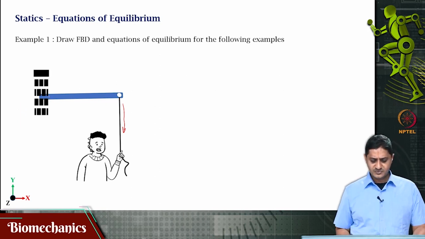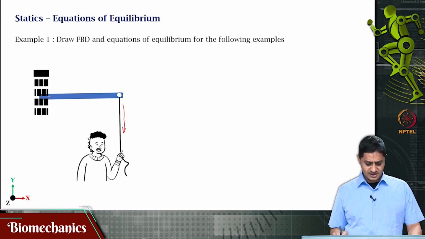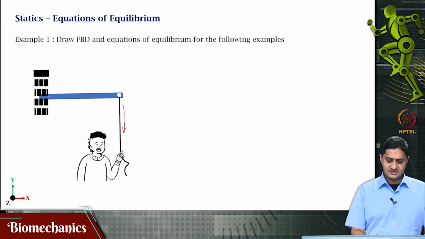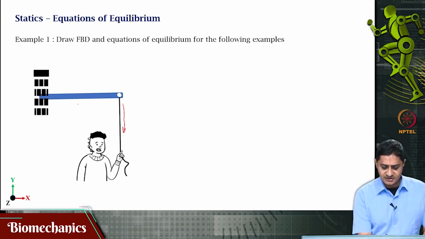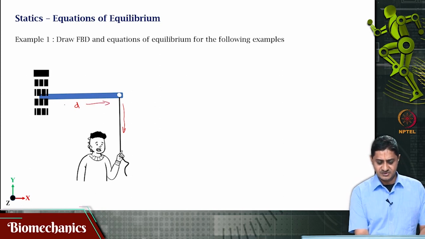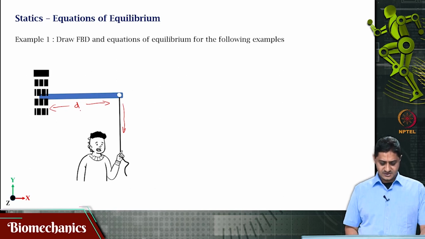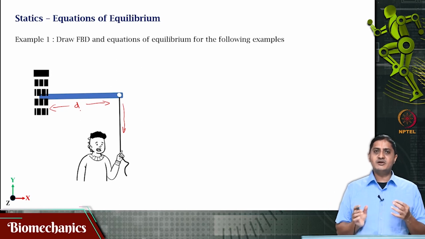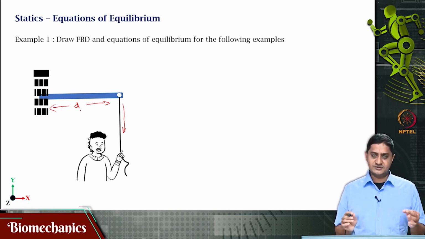Okay. And this person is pulling at the end of this. Let us assume that the length of this beam is some d meters. So, if I were to draw the free body diagram, what did we say? We said an outline of the body is all that will be required.